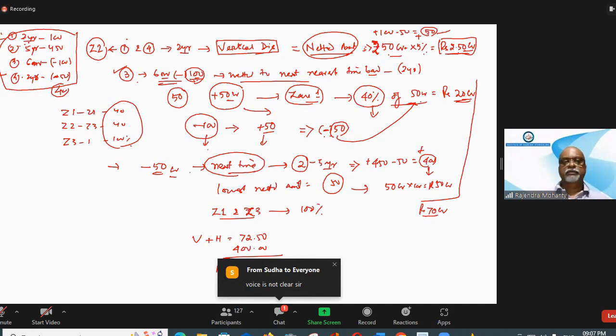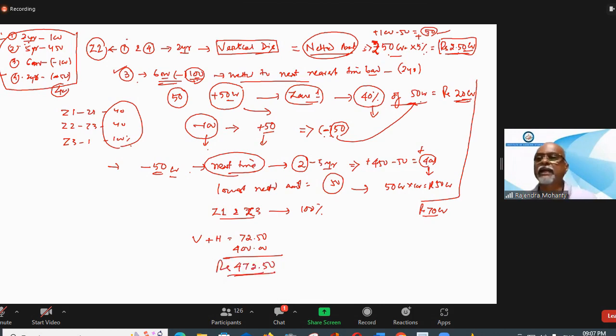Please pardon, sir, again, sir. Yes, summation. Here we have calculated 20 crore, here we have calculated 50 crore, making 70 crore. These two belong to horizontal disallowance, so the total horizontal disallowance becomes 70 crore.